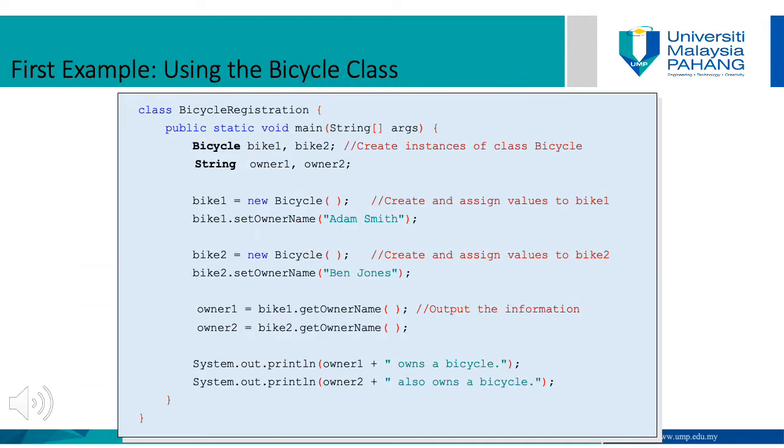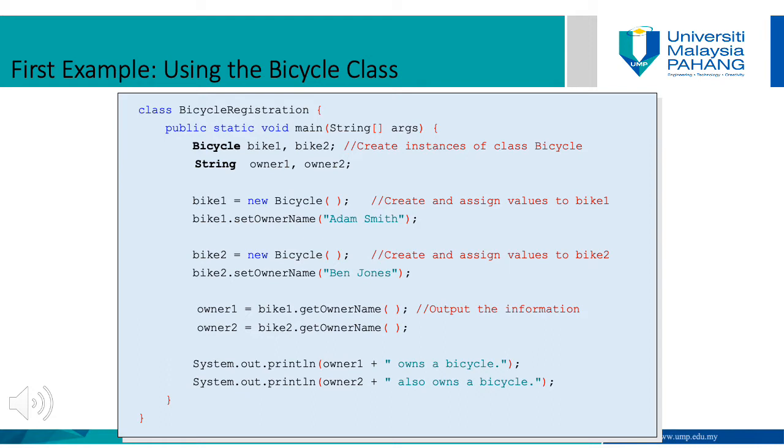In the previous slide we created the Bicycle class, and in this slide we are trying to use the Bicycle class for bicycle registration. Earlier we created a Bicycle class, and this one is to register the bicycle. As you can see here, we name it BicycleRegistration, and we set the public static void main with the main arguments.